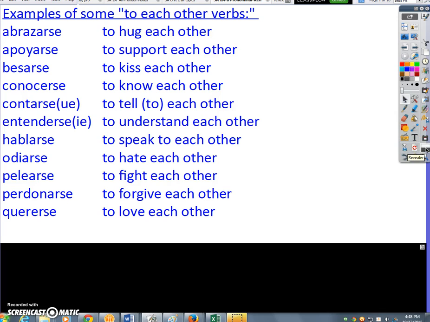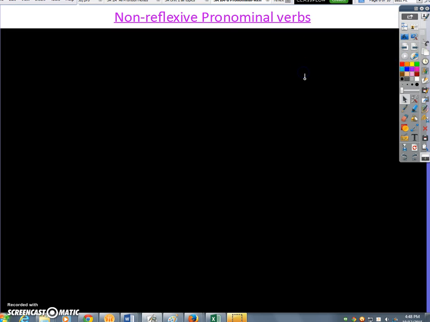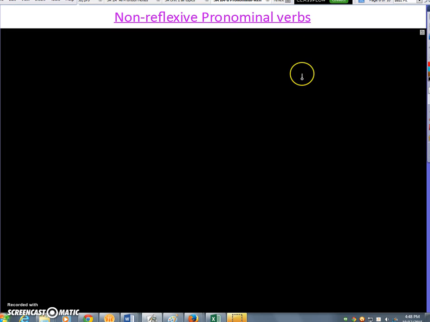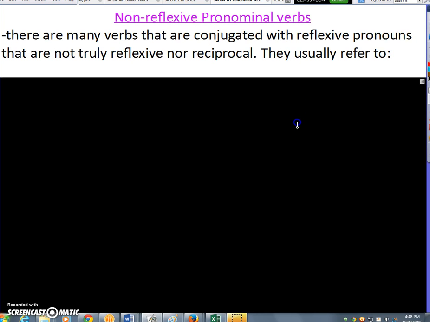We need to know about non-reflexive pronominal verbs. So remember, a pronominal verb is any verb that ends in se in the infinitive, and we have to use me, te, nos, se. Reflexive means that the action reflects back upon the subject.